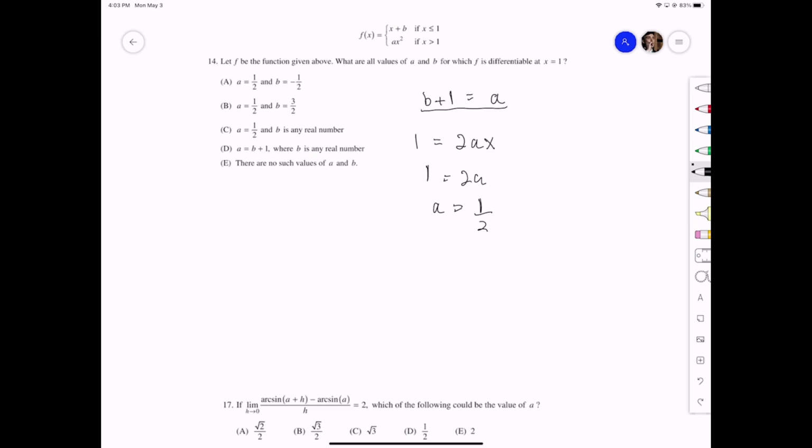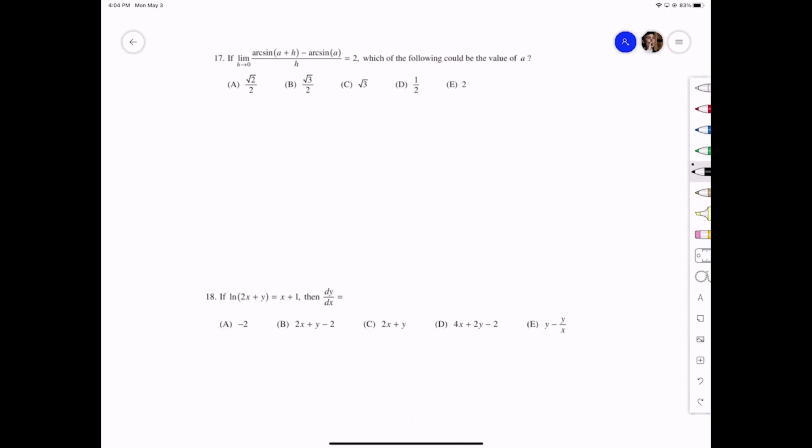And a has to be equal to b plus 1, so b is equal to a minus 1. So that means b is -1/2. So a is the answer. So first you have to find when it's continuous by solving for the limit as x approaches 1 from the left and the right, and then solve for when it's differentiable by doing the derivative from the left and the right and setting them equal to each other.